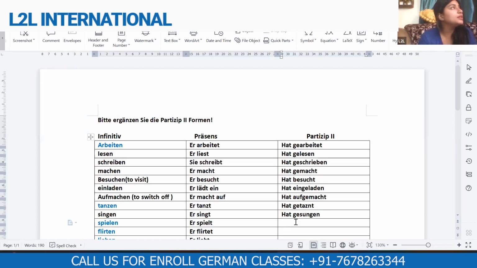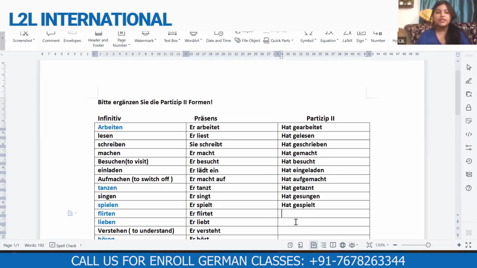Samriddhi, for spielen bitte. Hat gespielt. Sehr gut. Then Revati for flirten. Hat geflirtet. Richtig, hat geflirtet.